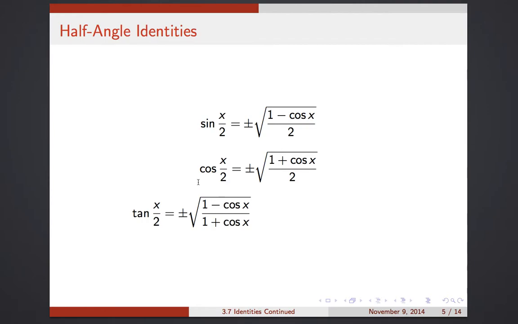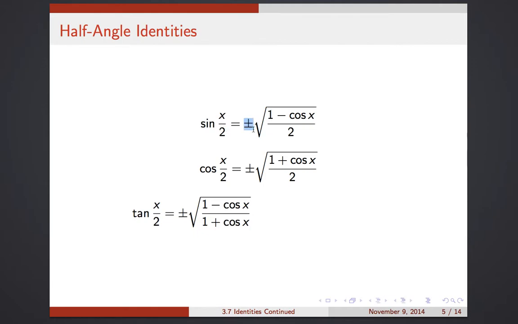And one thing I want to note here: the plus or minus is solely determined by what quadrant x over 2 is in. Right? Because sine is positive or negative depending on what quadrant you're in. So if you knew, for example, that x over 2, your angle over 2, lived in the third quadrant, well, sine is negative there, so sine of that angle would have to be negative.